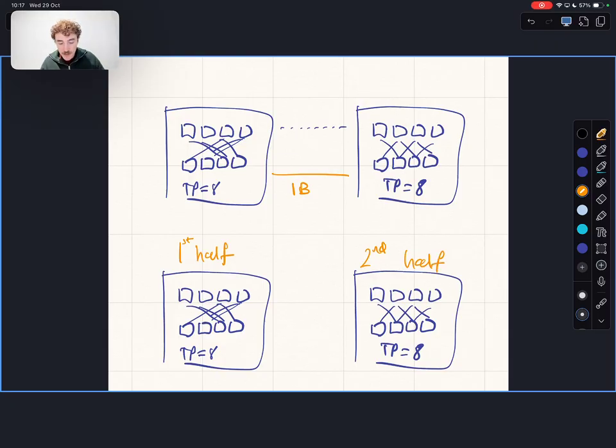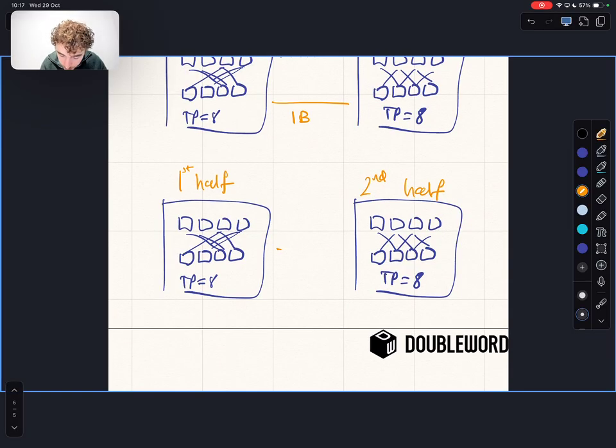And then you're not sending as much data down this interconnect. And you're getting the benefits of tensor parallelism within each fast node. While you're communicating the activations across this barrier, your first node can start processing the next batch of data. And this is quite a common setup for extremely large models on nodes that can't fit them.